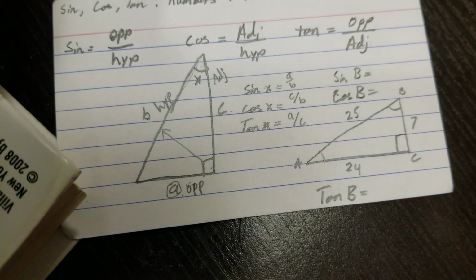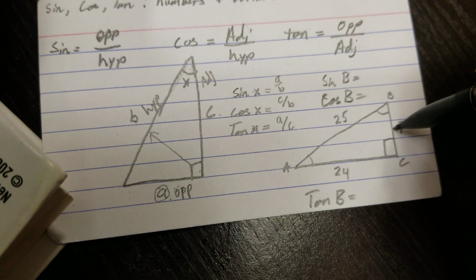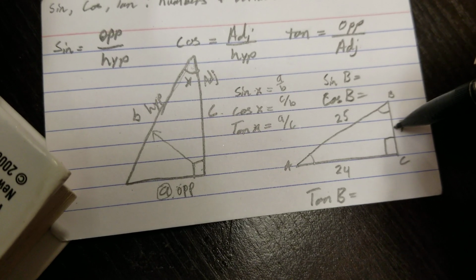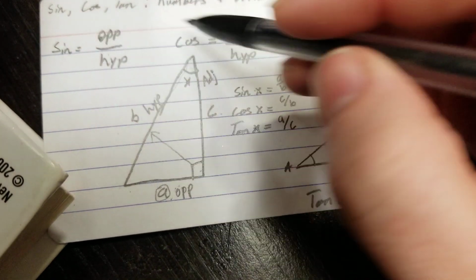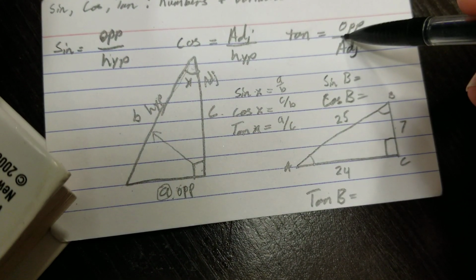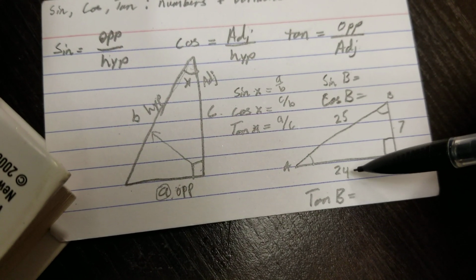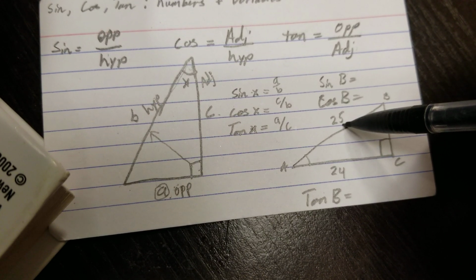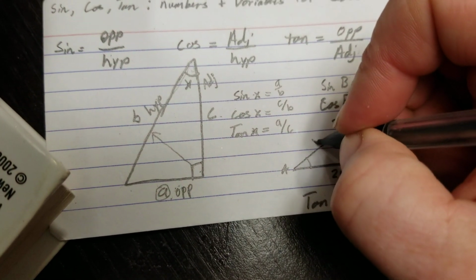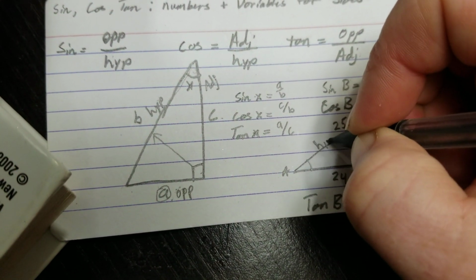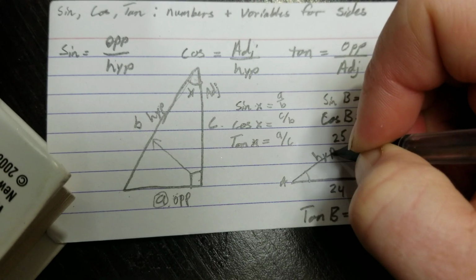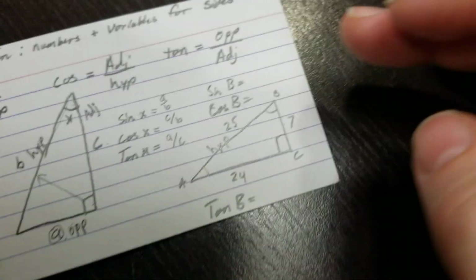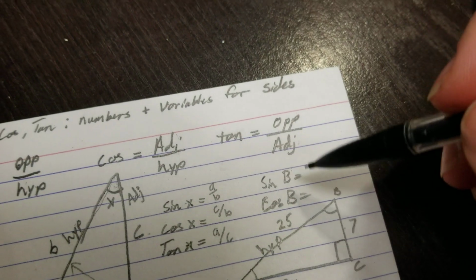Now what if I have numbers? So this other triangle has my numbers. And again, I'm going to follow these three ratios, but now I have my sides of the hypotenuse is 25. The hypotenuse is 25, but now we've got to decide what angle.